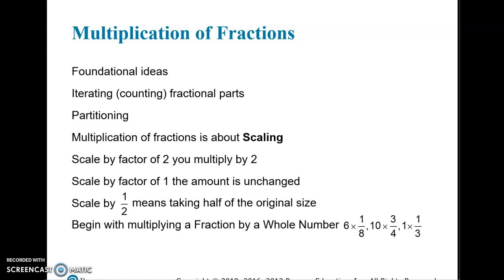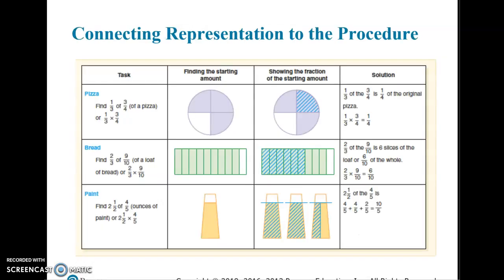Same goes with 1/3. 7 times 1/3 is 7 groups of 1/3, so 1/3 plus 1/3, 7 times, is 7/3, which is 2 and 1/3. See how it went from a whole number 7 down to 2 and 1/3? It shrunk in size.